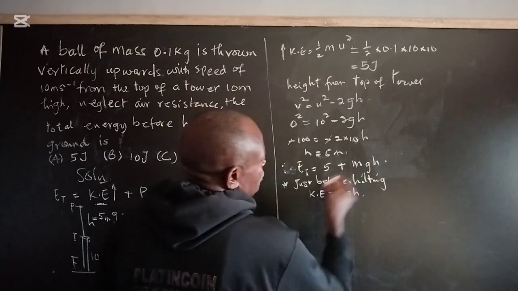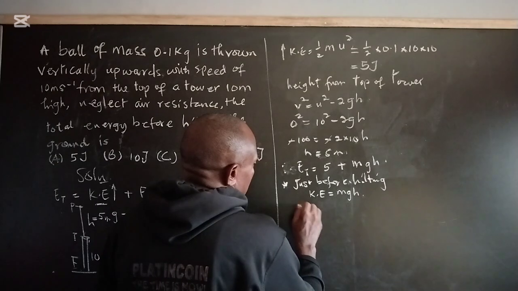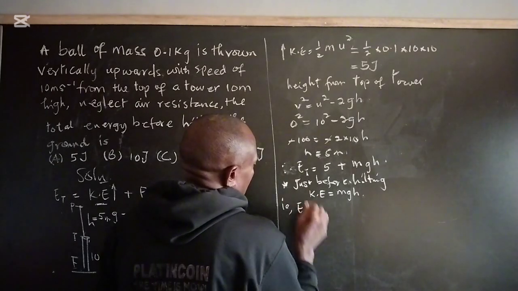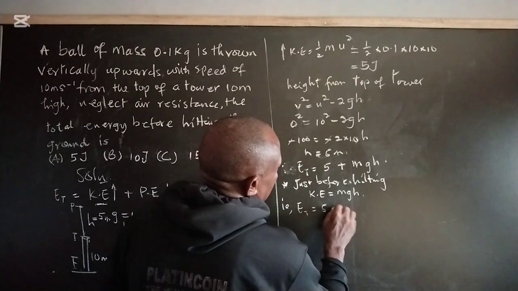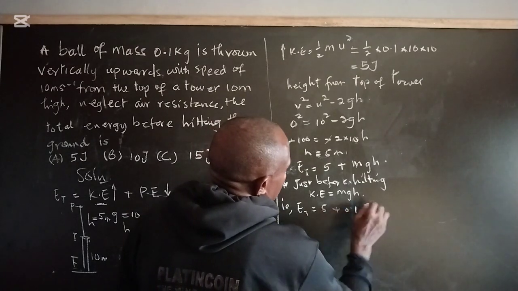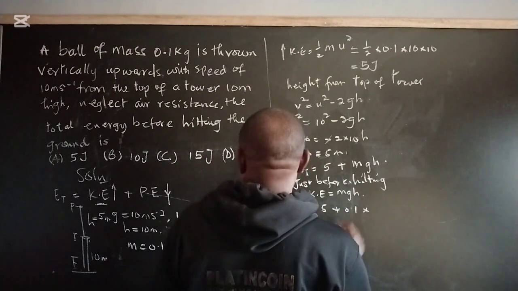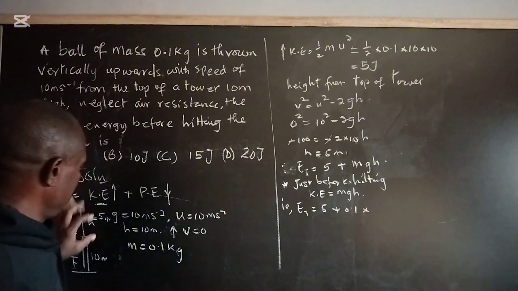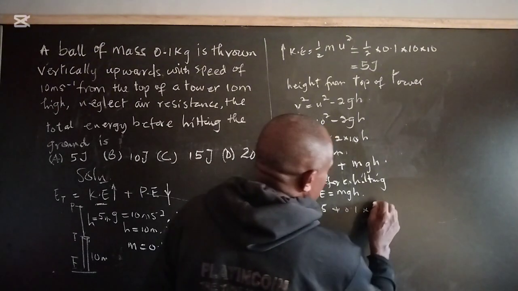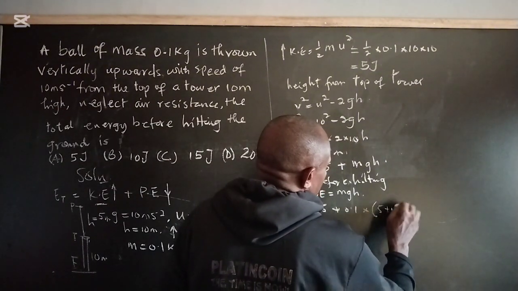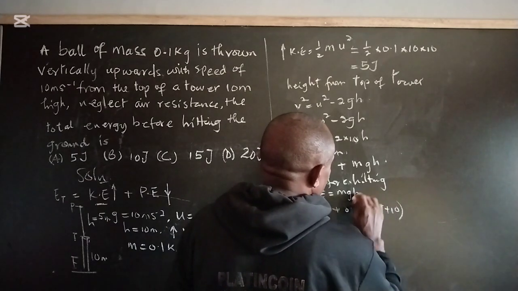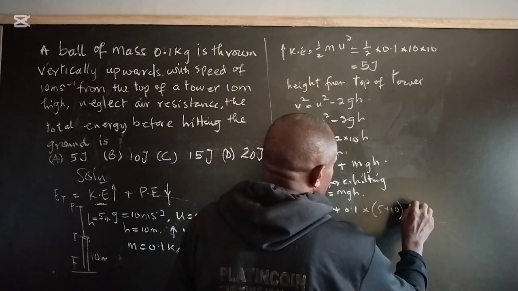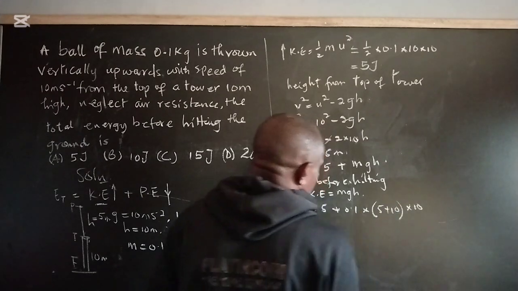So if we use potential energy, our E total is equal to 5 plus 10 times the total height, which is 5 plus 10, times gravity.